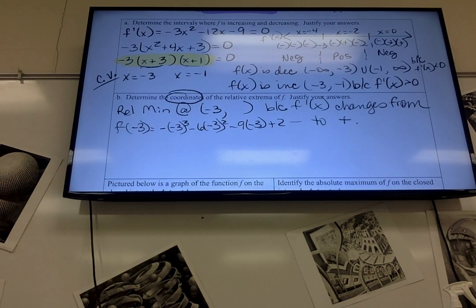So let's see, it's -27 times negative, so positive 27. 9 times -6, -54, plus 27, plus 2. Now all those 27s and 54 cancel out, so that's just 2. So your relative minimum is at -3, 2.